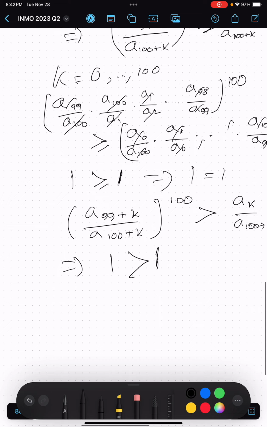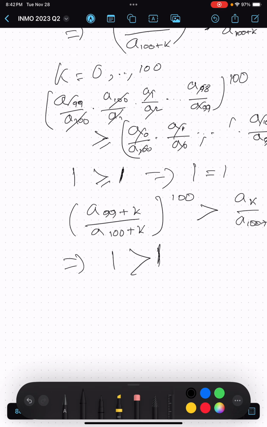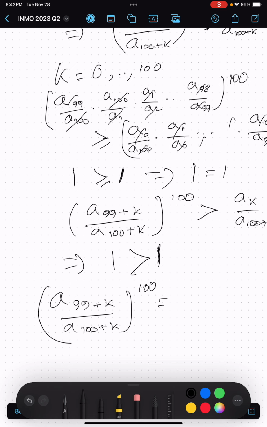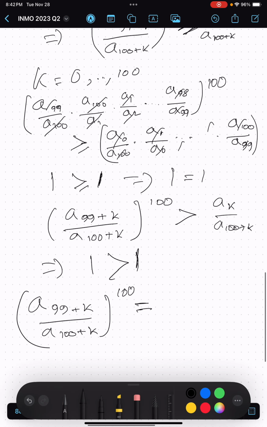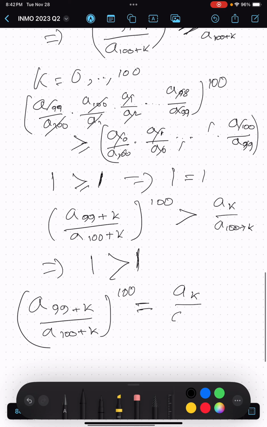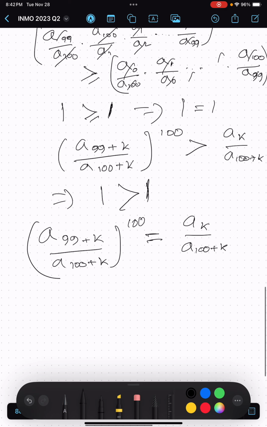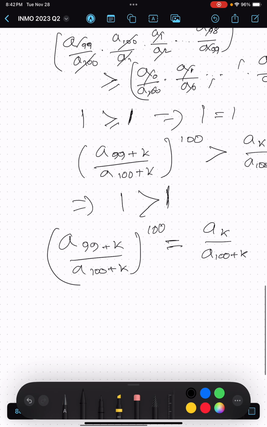So that means for each k, a of 99 plus k by a of 100 plus k is strictly equal to a of k by a of 100 plus k. Now this comes from the AM-GM inequality.